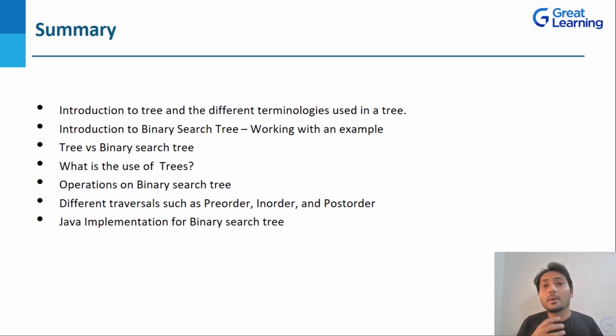So when we compare a tree with different data structures, what are the uses of trees over other data structures? And then we also saw a few operations on binary search tree, correct? And then we went on and moved to the traversal part. So traversal, we understood pre-order traversal, in-order traversal, and how a post-order traversal is done. And then finally we also saw the implementation of binary search tree in Java. So with this, I hope you have understood this particular course properly.